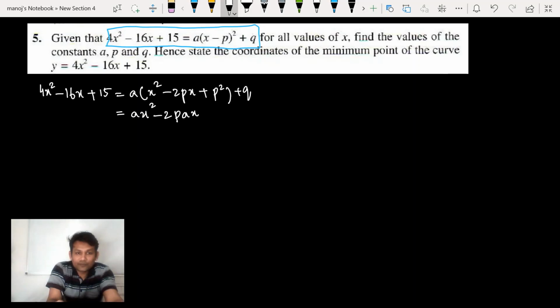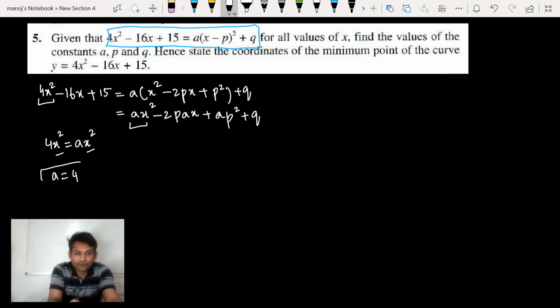It becomes ax square minus 2pax plus ap square and plus q. Now by using this, x square with x square, you can write 4x square is equal to ax square, and x square cancels out, so a is equal to 4. First part we have done.